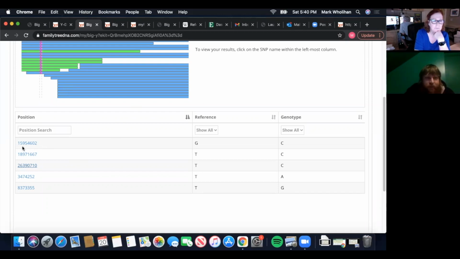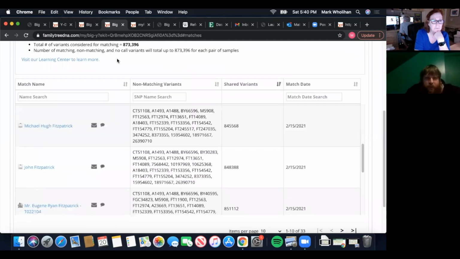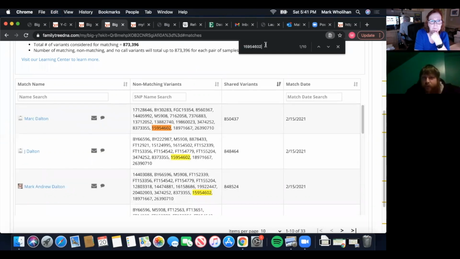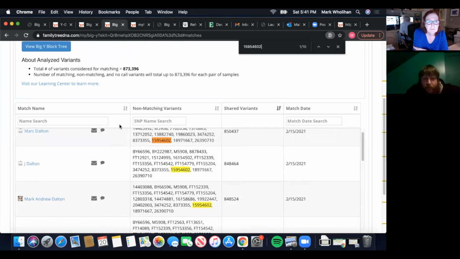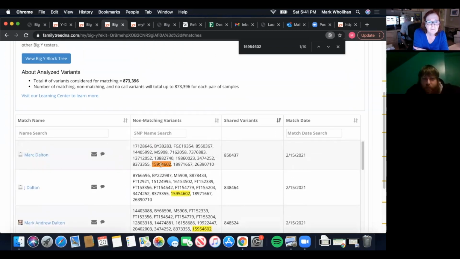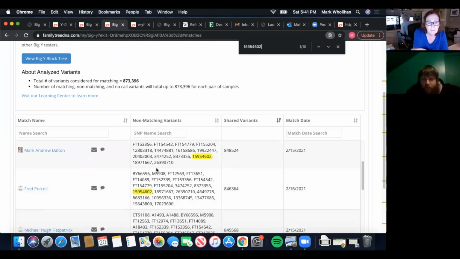So if you compare these novel SNPs that your dad has, if I just copy this and go to your dad's matches here, and then paste, find, there we go. So I just find on the page all your dad's matches that do not have this number as one of their SNPs.